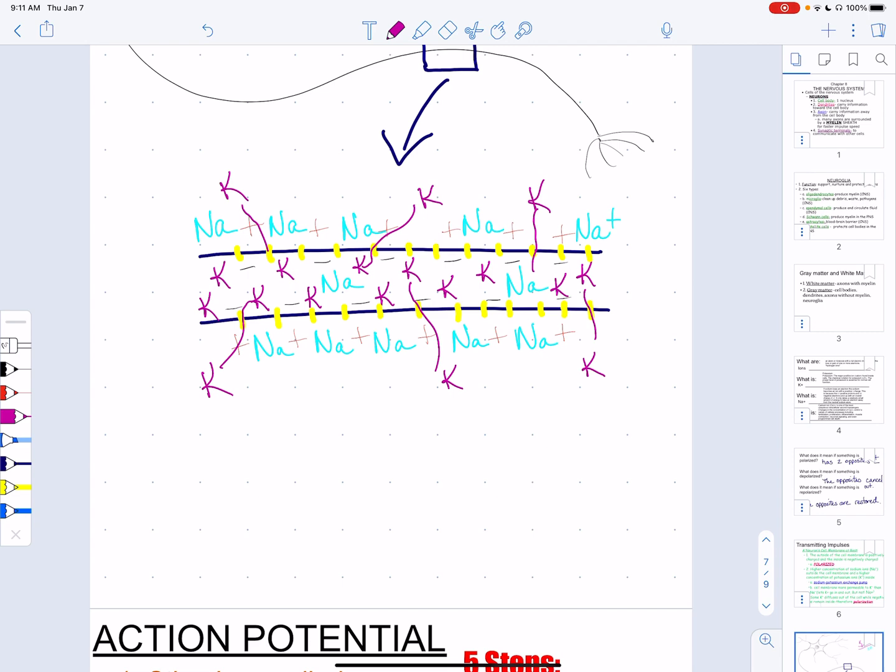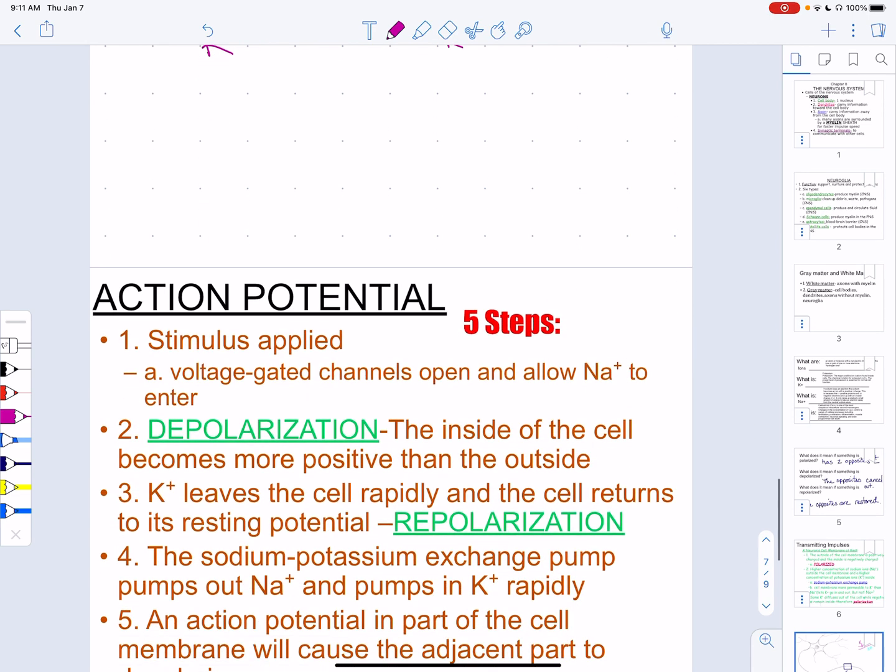And when we have positive outside and positive inside, we now have depolarization. All right. So it's really important that we understand depolarization is the idea that the sodium has rushed in and now there is no longer a positive and a negative at that section of the neuron.